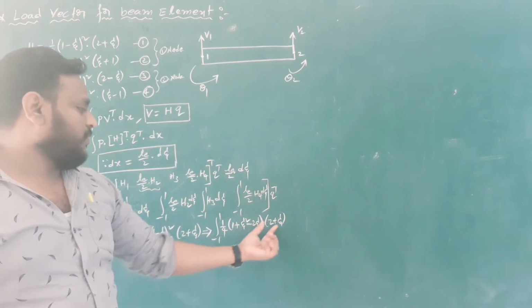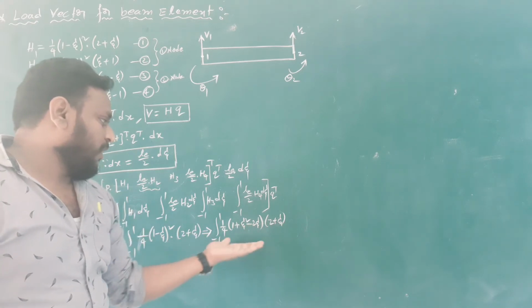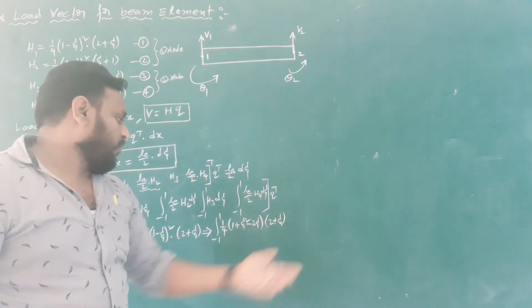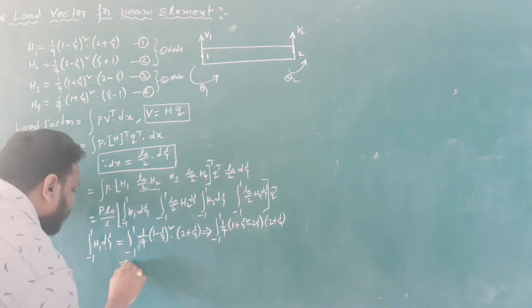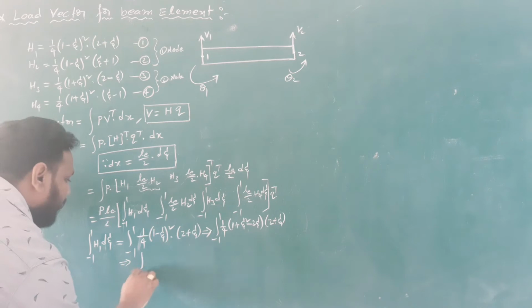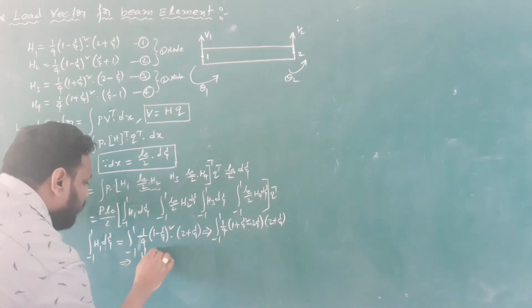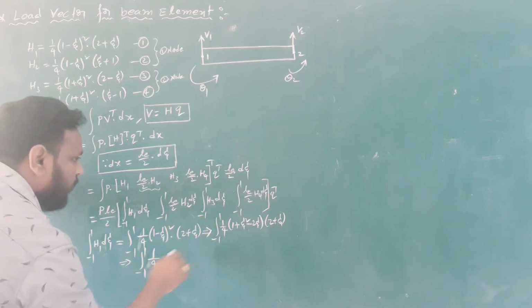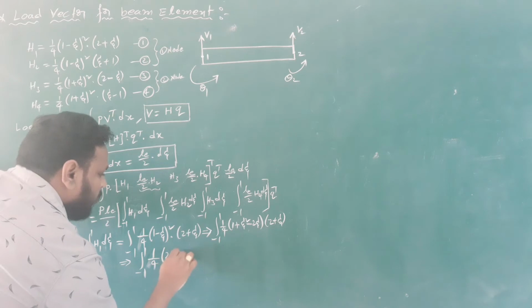Now substitute, that is multiply with 2 and z, then we will get some equations. So now integral of minus 1 to 1, 1 by 4 into 2 plus 2z square.